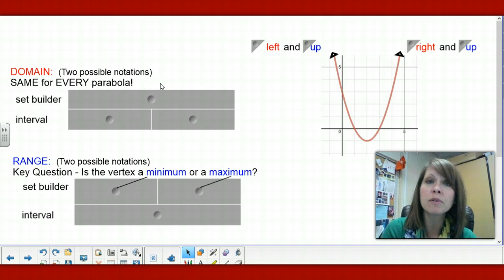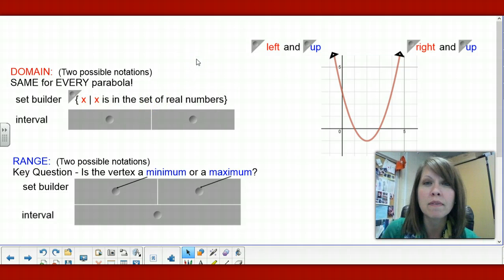Okay, now set builder notation is what you were probably most used to in Algebra 1, and how you would write the domain. If it's saying left forever, right forever, you would write it in this set builder notation. If I could press each of these symbols to make a sound, this one would say "the set."